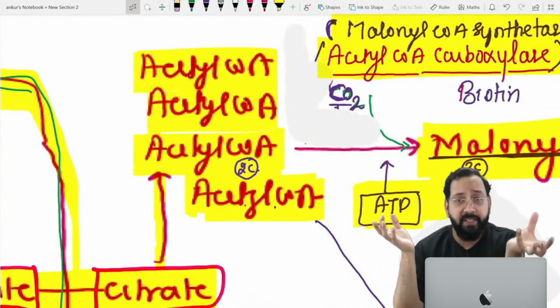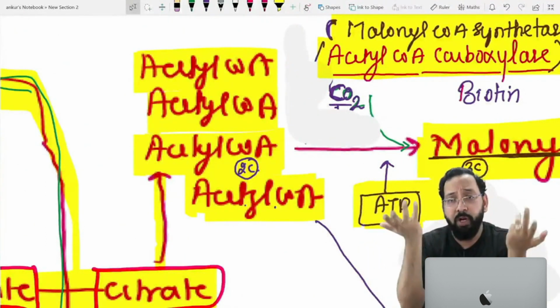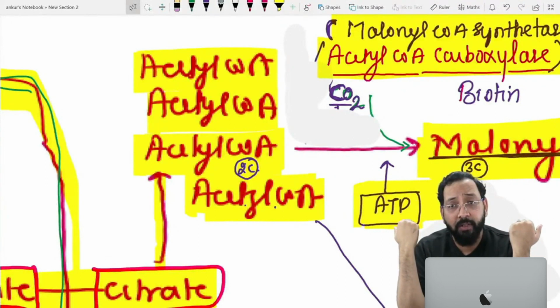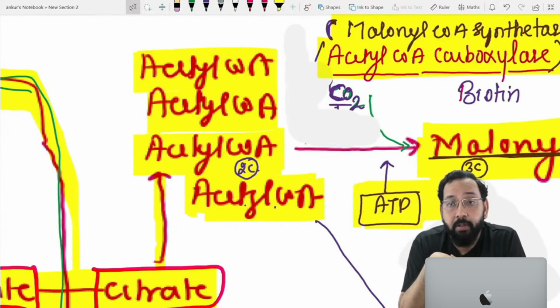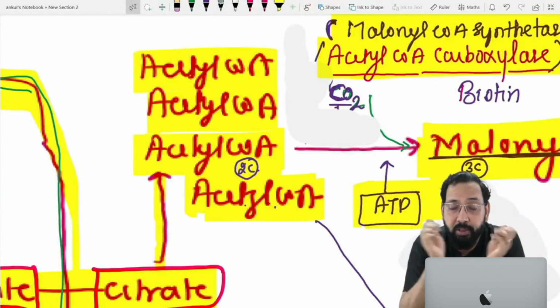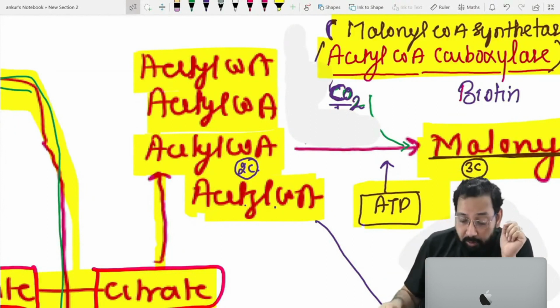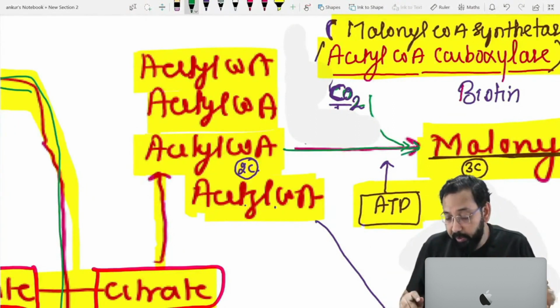I take acetyl coenzyme A, a second acetyl coenzyme A, join them to make a 4 carbon fatty acid. Very simple. But life is not so simple. You can't join these two acetyl coenzyme A to make a fatty acid. First of all, we converted acetyl coenzyme A to malonyl coenzyme A.